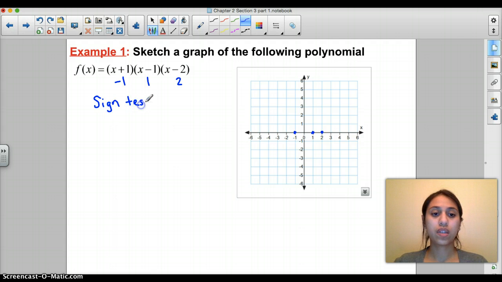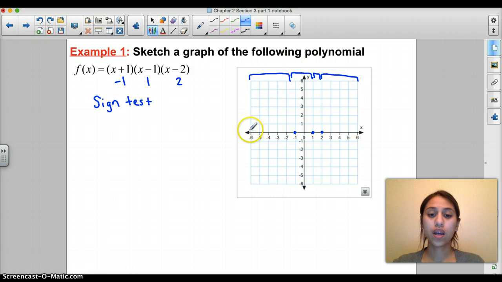For each of these sections between the x-intercepts that we found, we're going to pick a value and test it in our polynomial to see if we get positive or negative values.